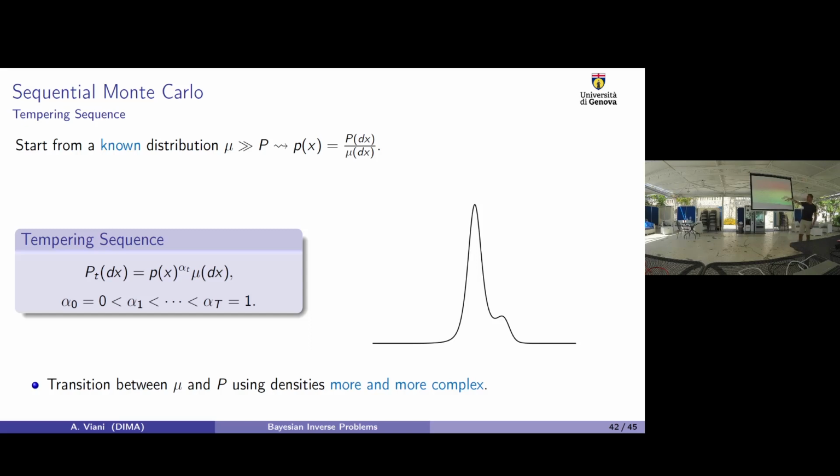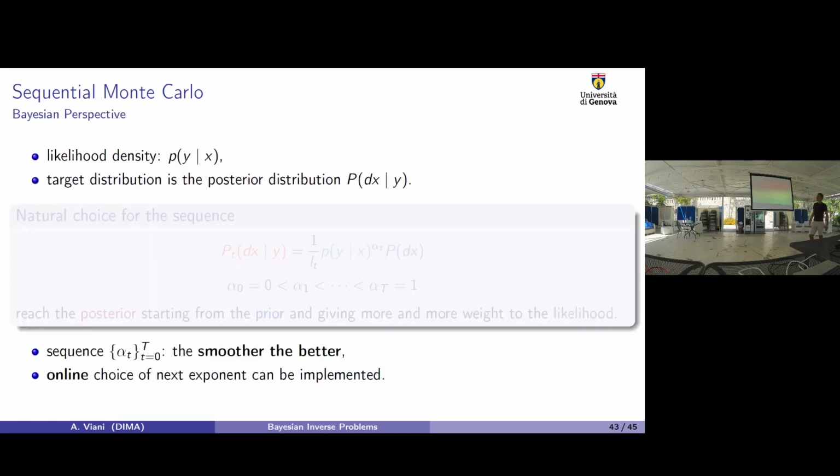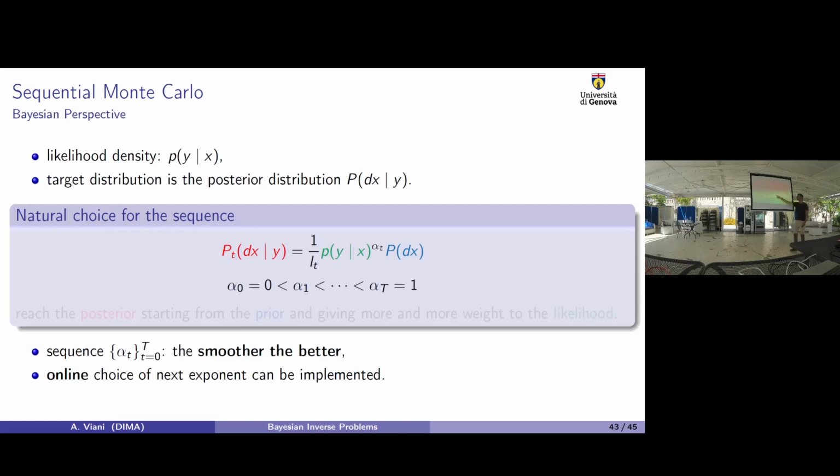I think that this one is more clear in the Bayesian case, where we start with the prior distribution. We use the likelihood density. This is a density because, for Bayes' theorem, the hypothesis is that the likelihood admits a density with respect to the prior. So we have here the likelihood, and we give more and more weight to the likelihood.